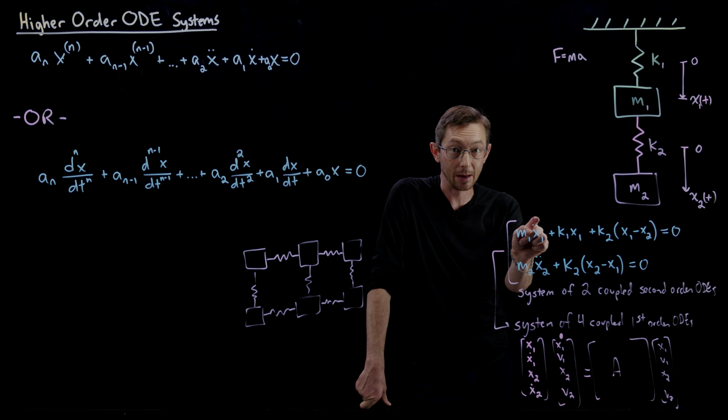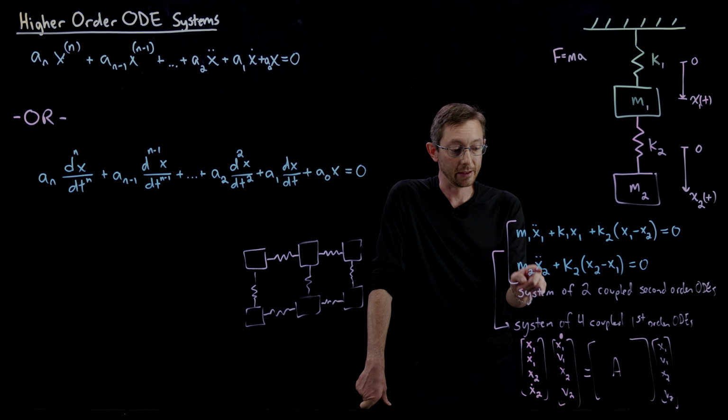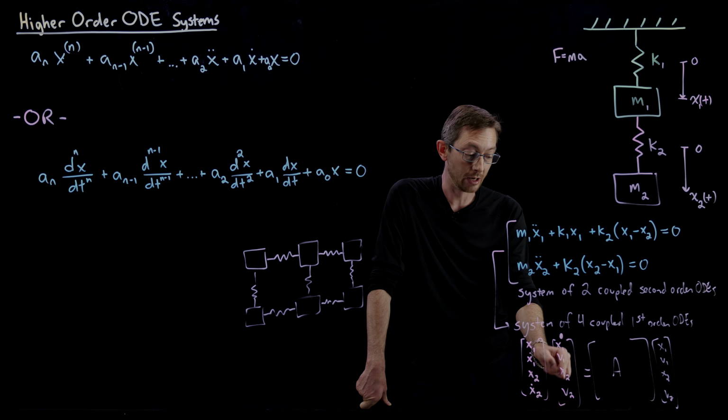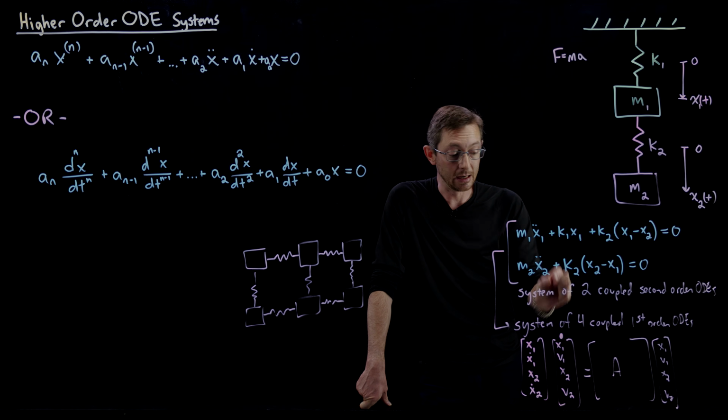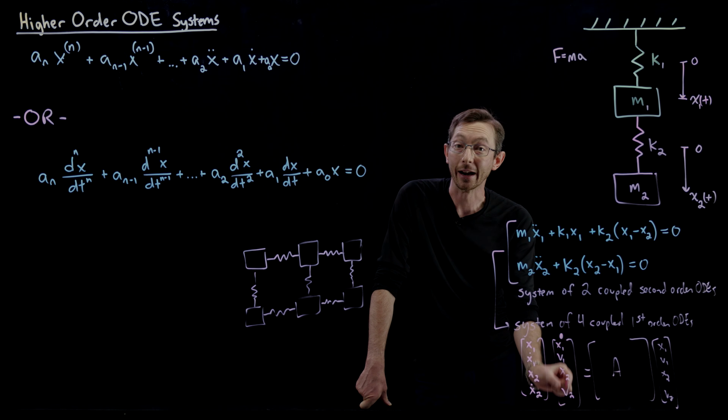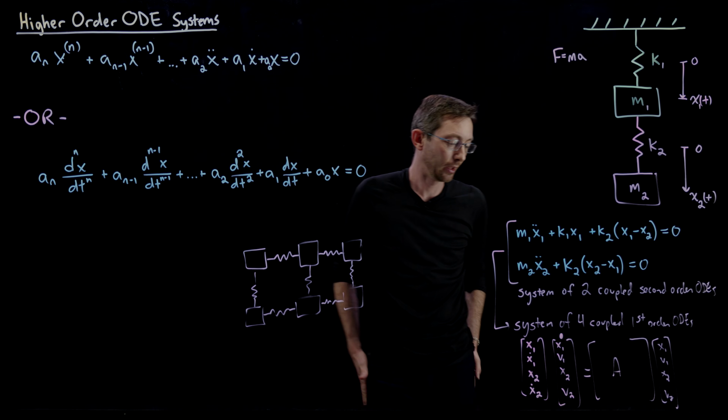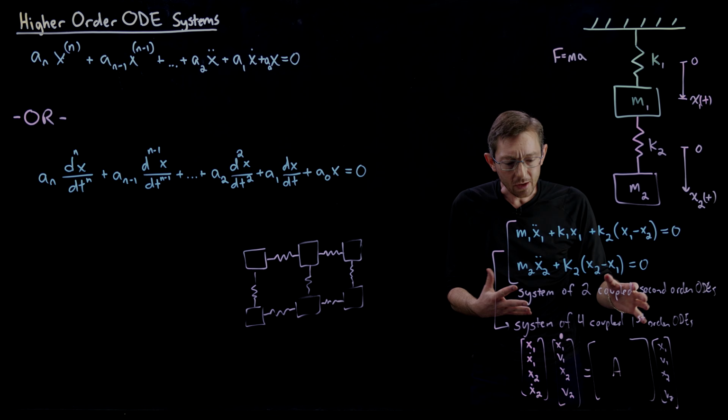So the x1 double dot is v1 dot, and the x2 double dot is v2 dot. I've turned these second derivatives into first derivatives by adding new variables. You can do that, okay? So that's one direction.